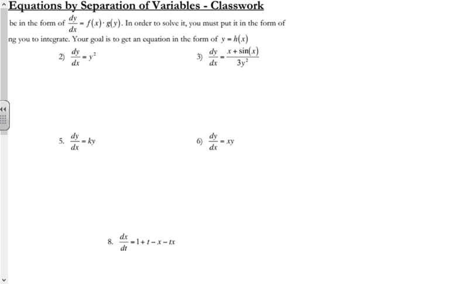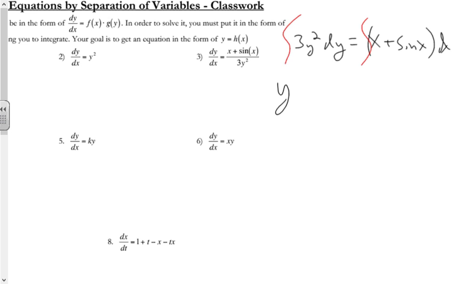So I'm going to separate the variables. I'm going to say 3y squared dy equals x plus sine x times dx. And if I integrate both sides, I'm going to get y to the third equals, and on this other side, I've got the integral of x dx plus the integral of sine x dx.